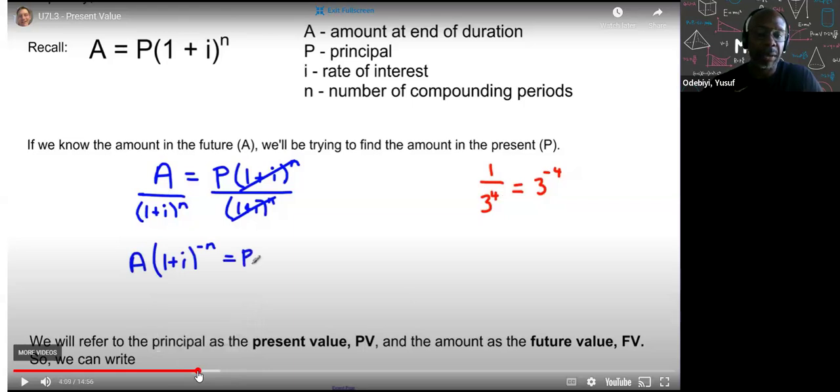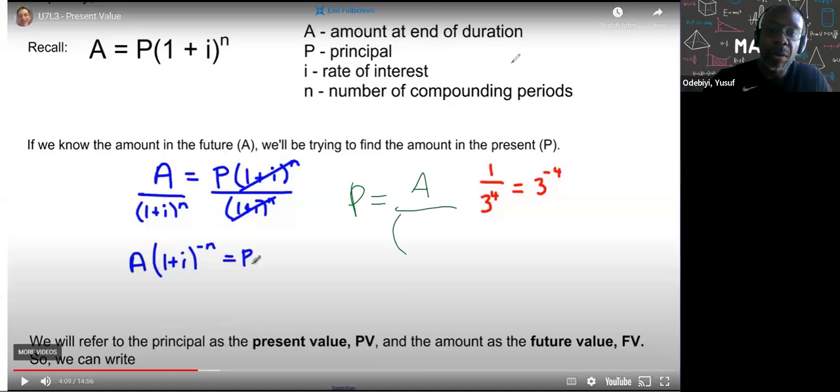Okay, so remember, this is what I wrote, right? I'll show you what I wrote, which is the same thing. We've got to make sure you understand that it's the same thing. I said when you isolate P, it's going to be A over 1 plus I to the power of n. Now, what they showed you here is that it had a negative exponent. See that?